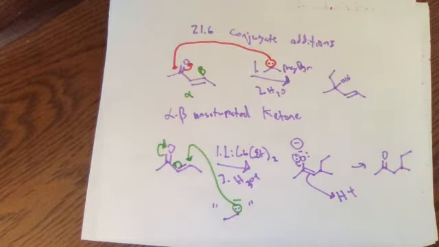So the actual Michael addition is the same reaction. We're just going to use a different nucleophile. Instead of a Grignard, we're going to use a diketone.